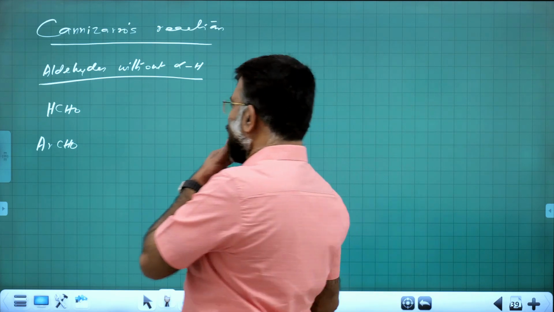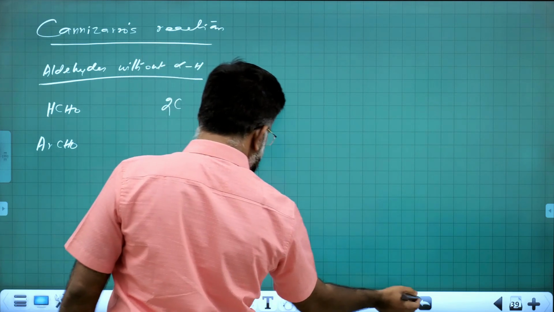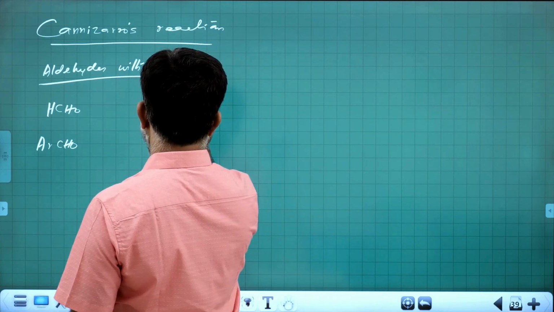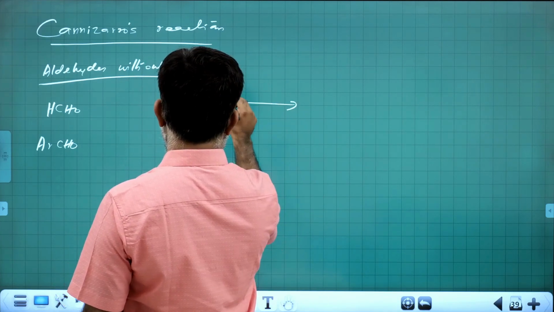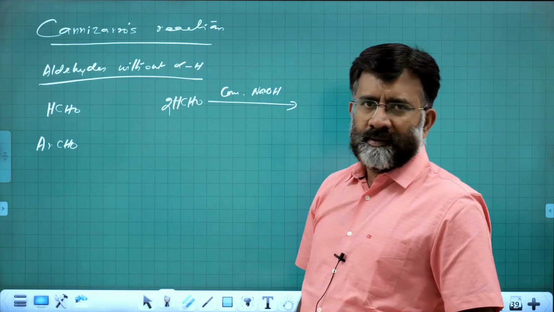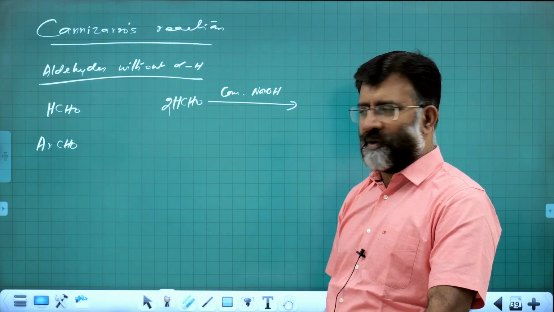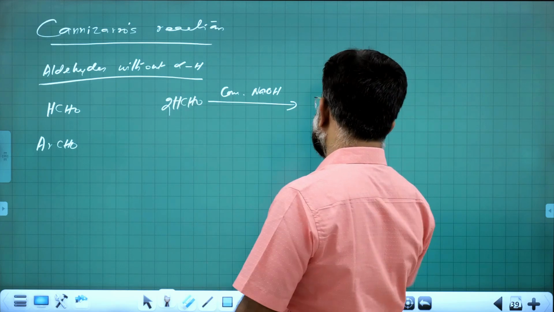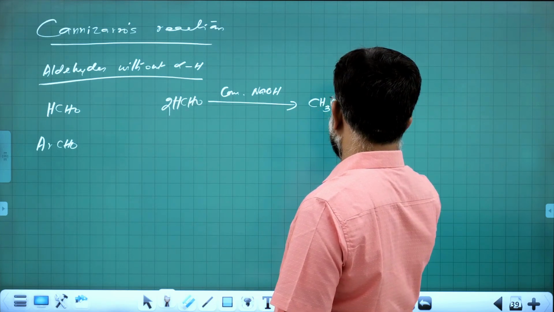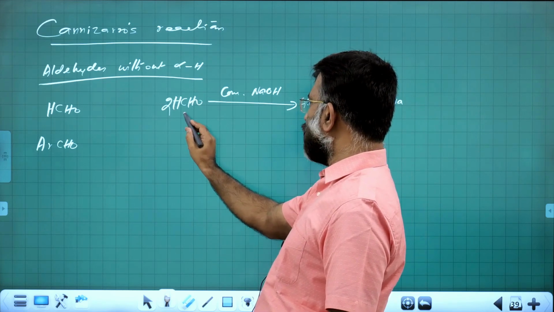They may give, or this type of molecule may give, the Cannizzaro reaction. The reaction is: two molecules of HCHO, say formaldehyde, when treated with a concentrated solution of NaOH, will undergo disproportionation. One molecule will be reduced to alcohol and the other molecule will be oxidized to the salt of carboxylic acid.